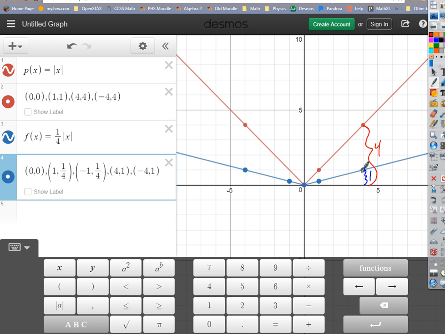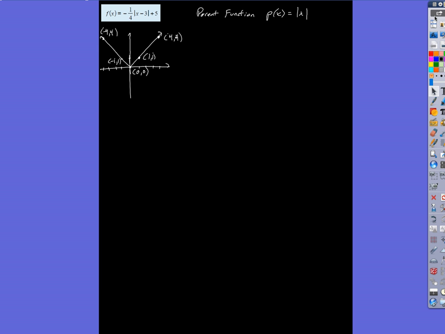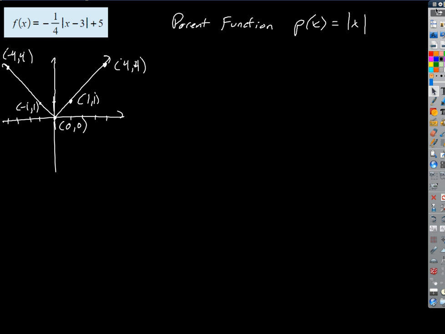It's going to be that way for all of the points. Why do you suppose I picked 4 as a point? Because it's divisible by 4, right? When we're doing a problem like this, where the value of A is 1/4, that means that we're going to compress the function by 4.